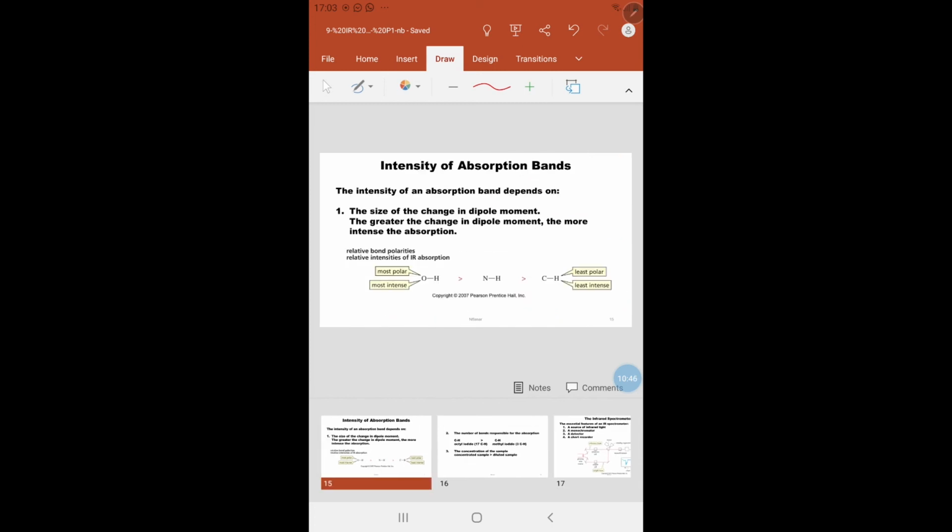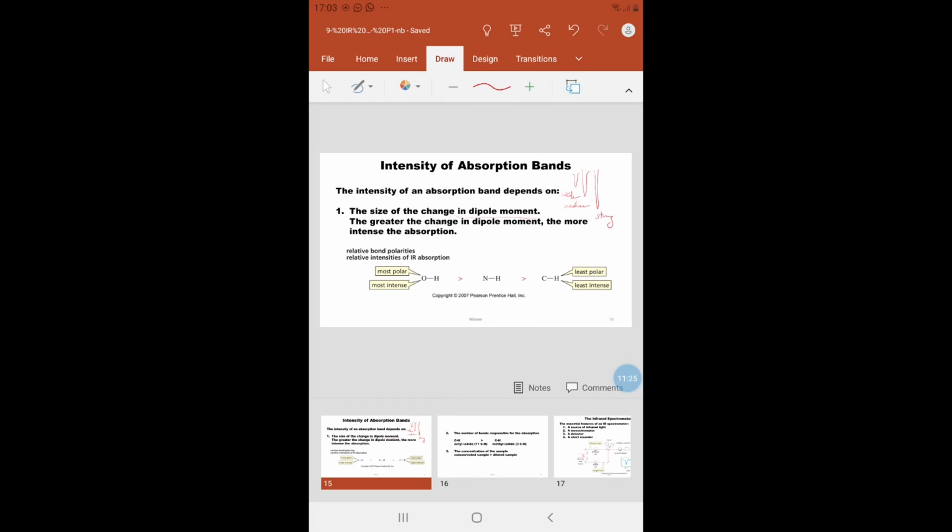Okay, the intensity of absorption. What does intensity mean? When you look at the peaks, you see very small peaks, moderate peaks, and very strong peaks. So this is weak, this is medium, and this is strong. Why some peaks are weak, some medium, and some strong depends on the change in dipole moment. If the change of dipole moment is greater, the intensity of the absorption is higher.